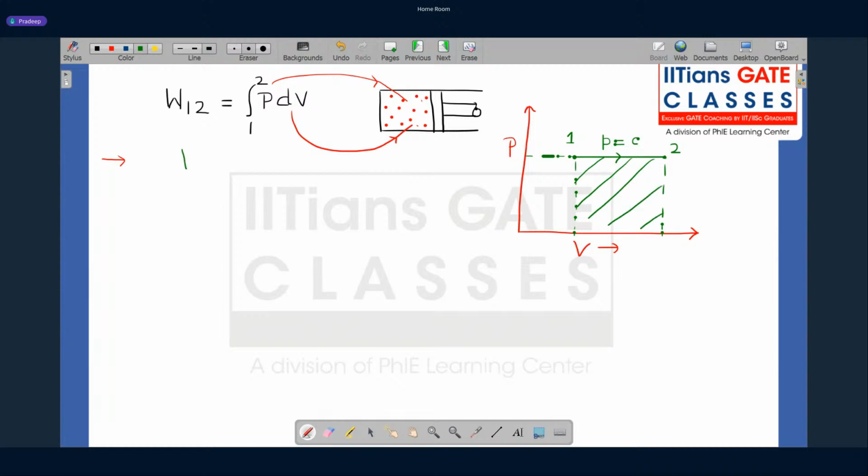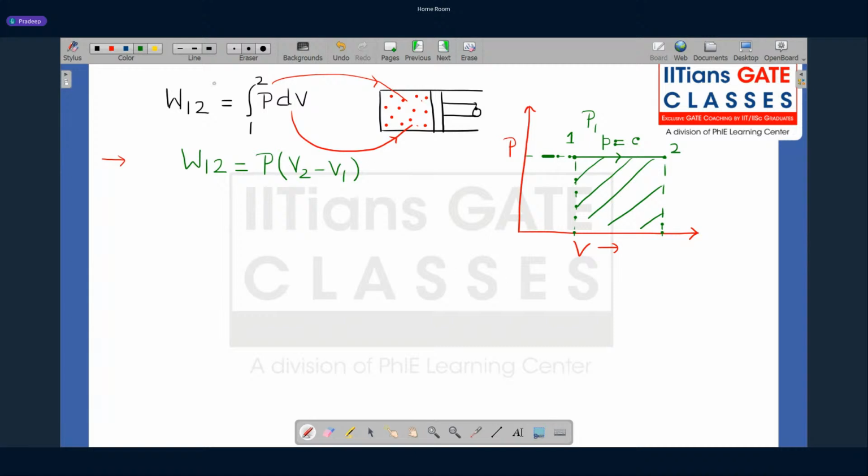The work transfer will become what? Work transfer is simple, it is pressure, whatever is the pressure, let us say this pressure is P1. You can say here pressure P1, and integral dV is nothing but the volume change V2 minus V1. So for a constant pressure process, the work transfer is P (V2 minus V1).